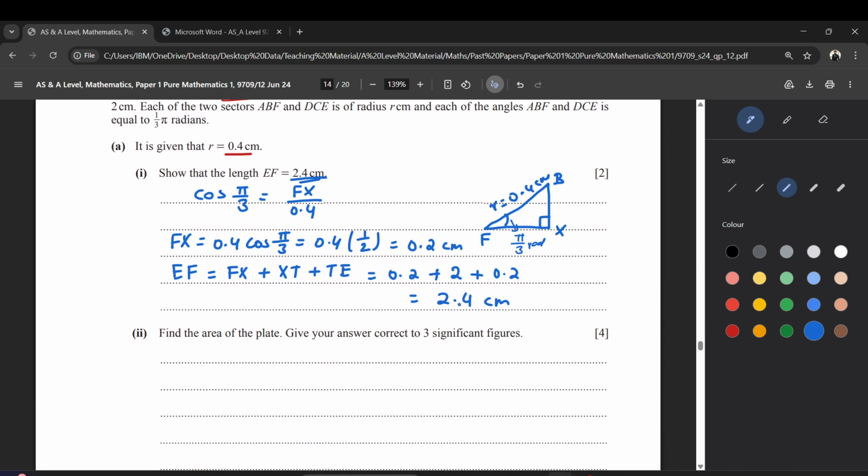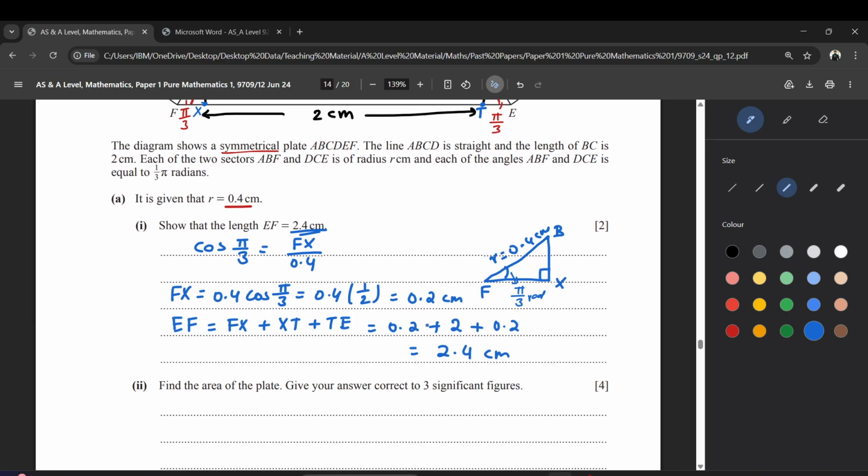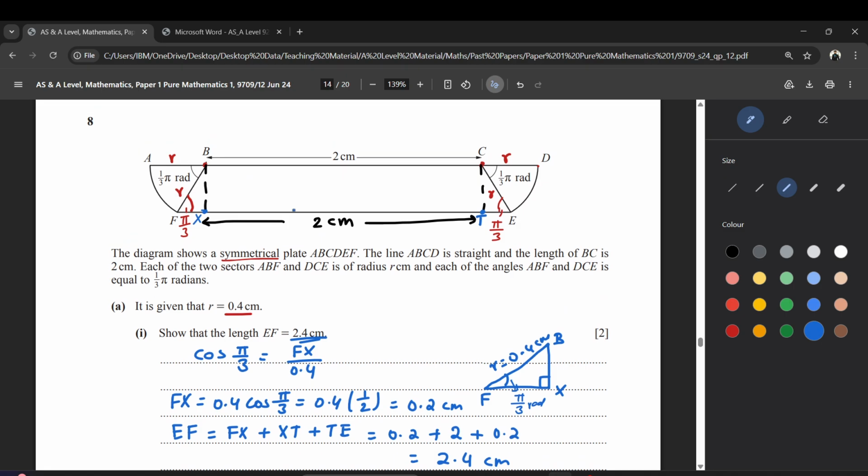All right, the second part is find the area of the plate. Give your answer correct to three significant figures. So we need to find the area of the plate. Always look at the bigger picture. What can you see once you look at the whole symmetrical plate? We can see that this figure is actually divided into three sections.